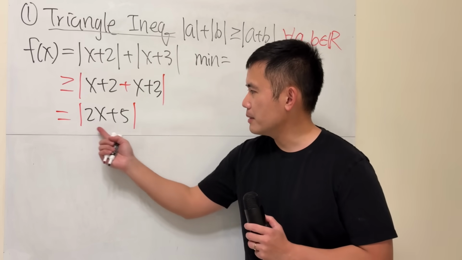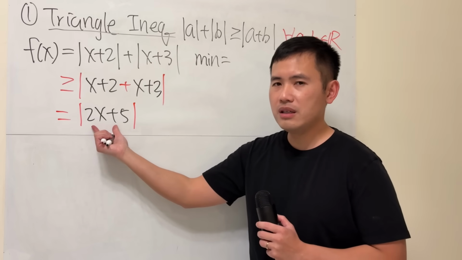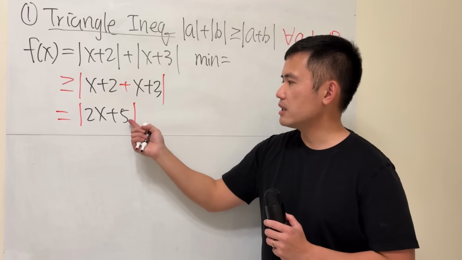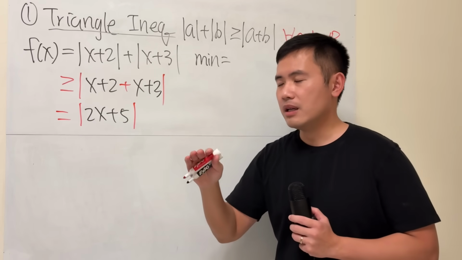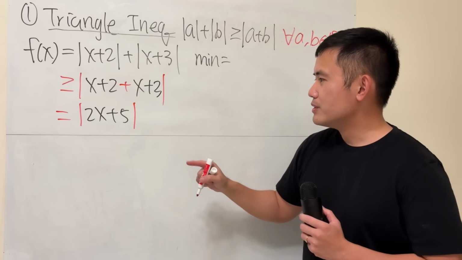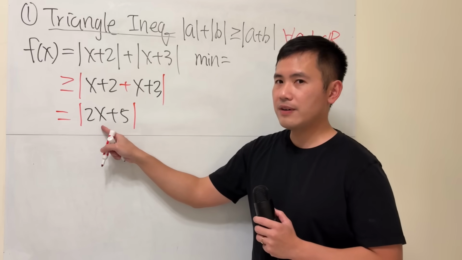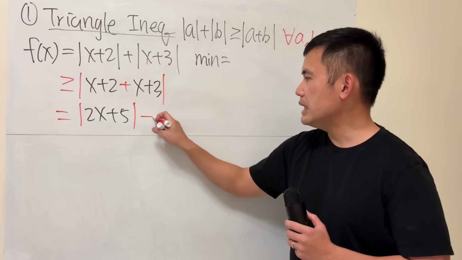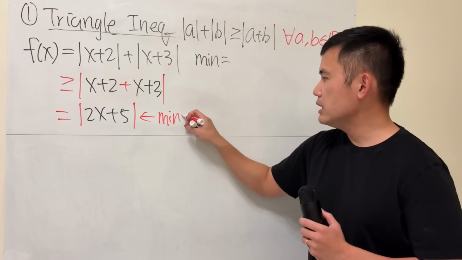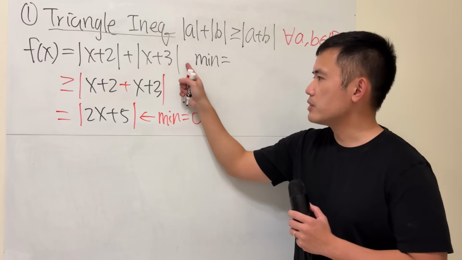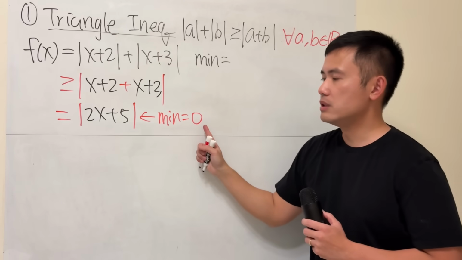Okay, let's think about this. We have absolute value of a linear function. The vertex of this is at negative 5 over 2 because that's like the break-even point, right? So when x is equal to negative 5 over 2, the inside is 0, absolute value of 0 is 0. So the minimum of this is equal to 0. So what we are saying so far is that this function is greater than or equal to 0.